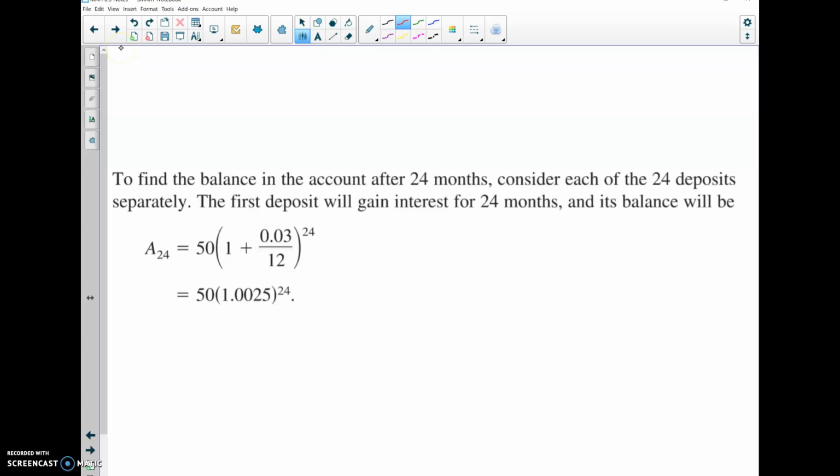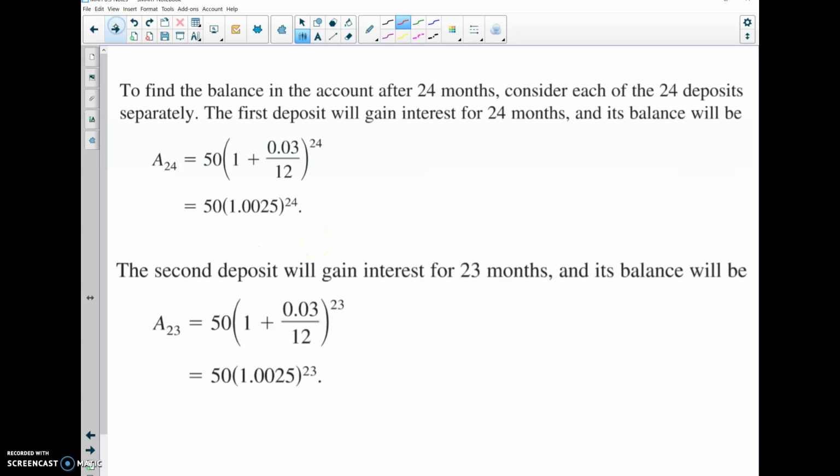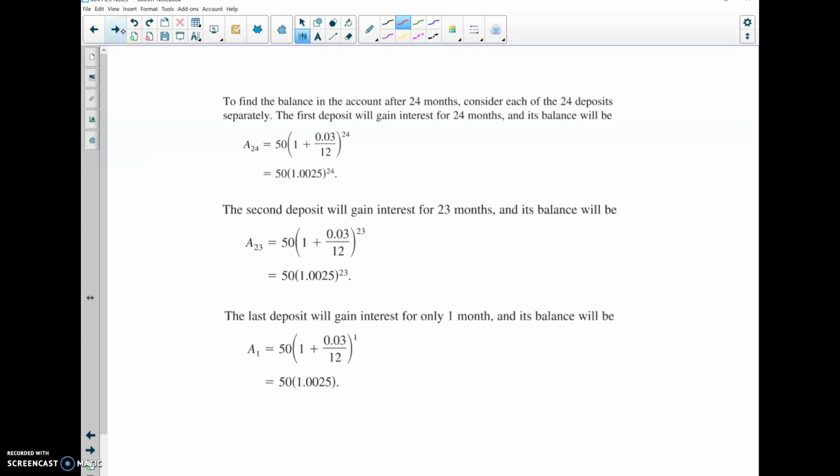So that first initial $50 you're putting in would be plugged into this formula for the 24. Your second month, when you plug that in, that would be raised to the 23rd because it didn't have the first month to collect that interest. So it has 23 remaining months for the rest of those 2 years, and so on. Your last payment, your 24th payment, would only have 1 month of interest attached to it.